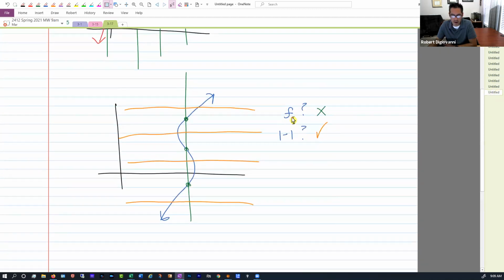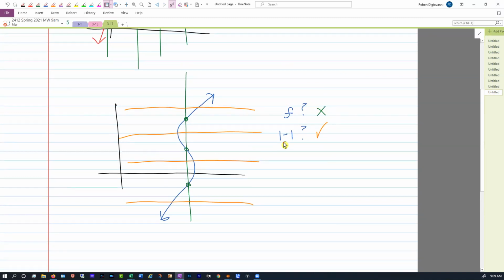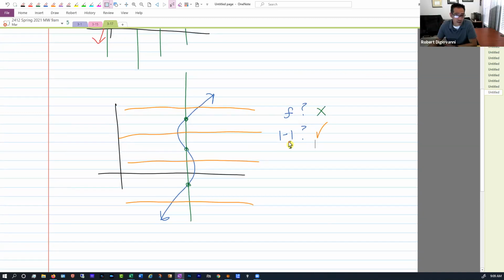So you told me right here that this wasn't a function. So when it comes to the question of one-to-one, you can't even talk about one-to-one if you're not dealing with a function. Even though this passes the horizontal line test, we will still say it's not one-to-one, not because of the horizontal line test, but because it's not a function.